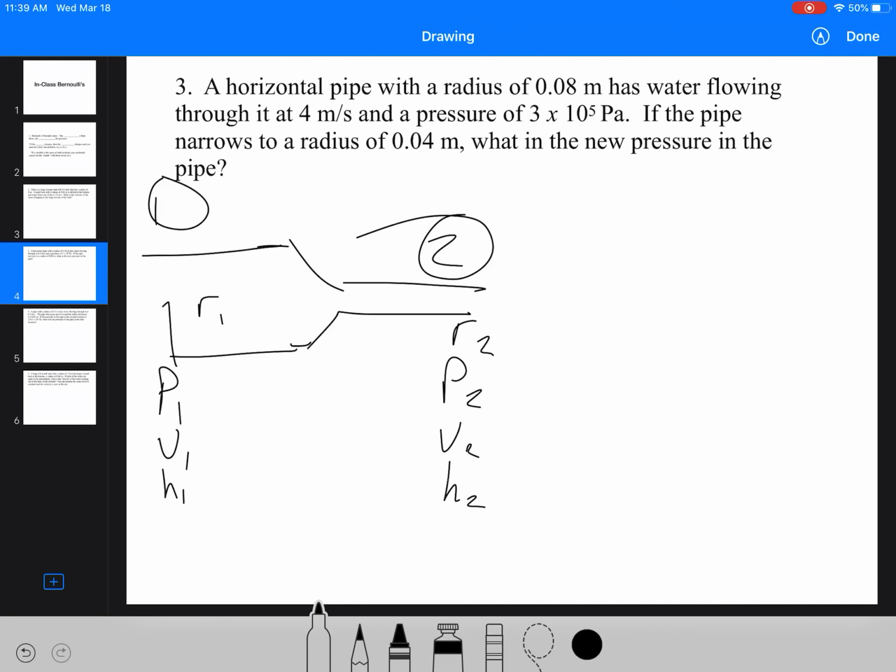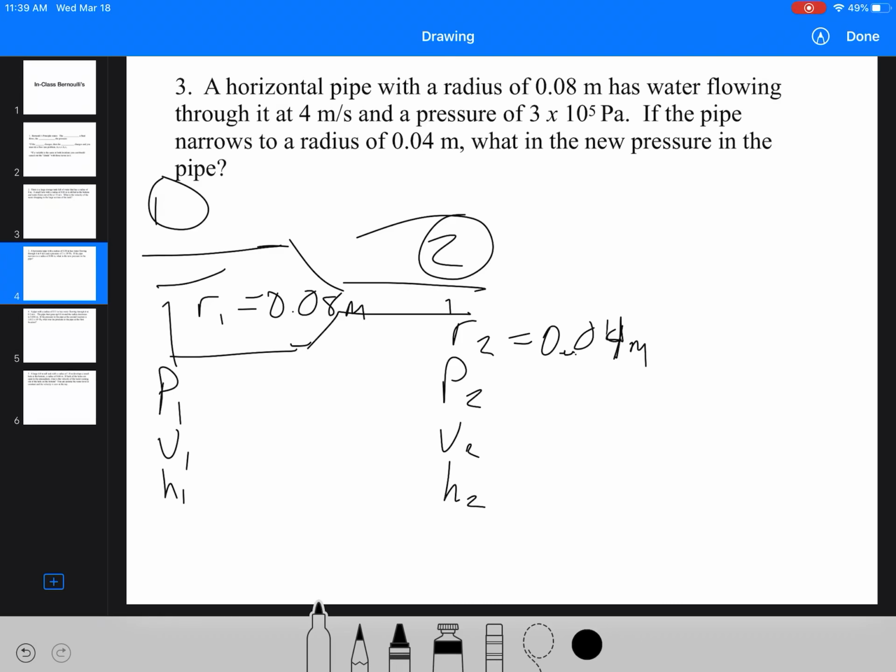Now, the reason why we want R1 and R2 is because that's how we're going to determine our area. So we have a pipe with a radius at location 1 of 0.08 meters, and it is reduced to 0.04 meters.